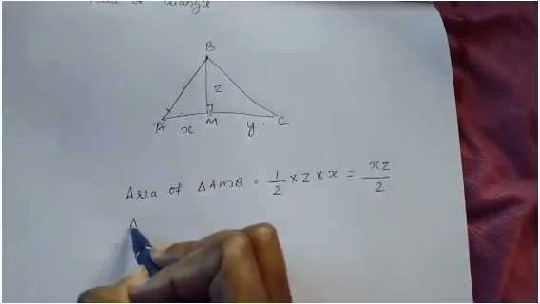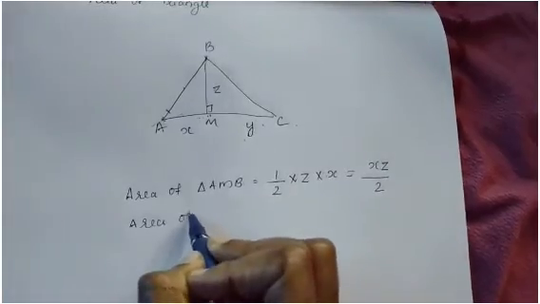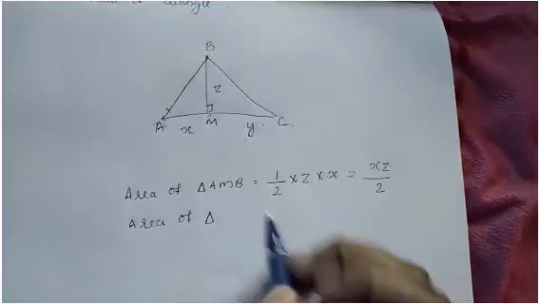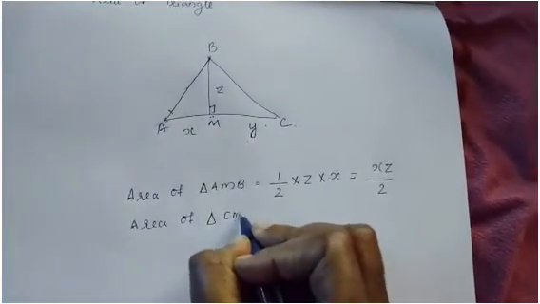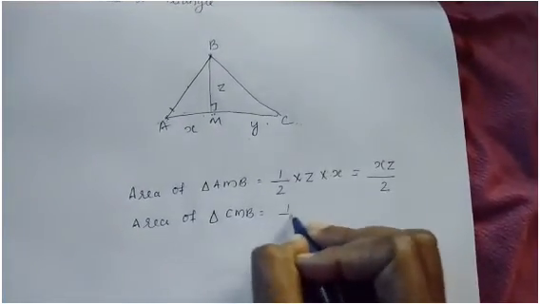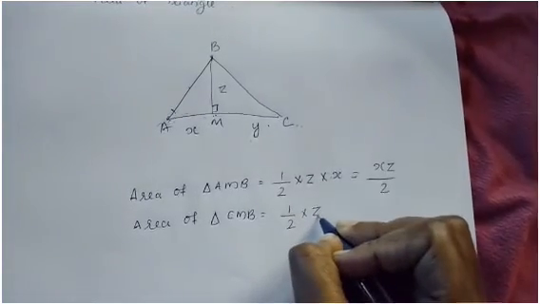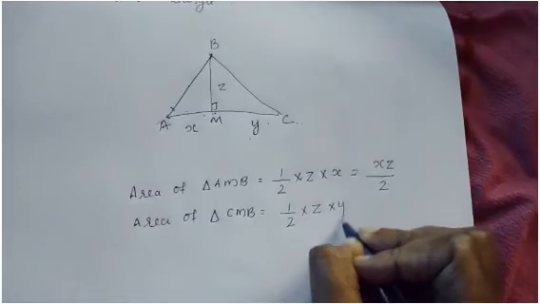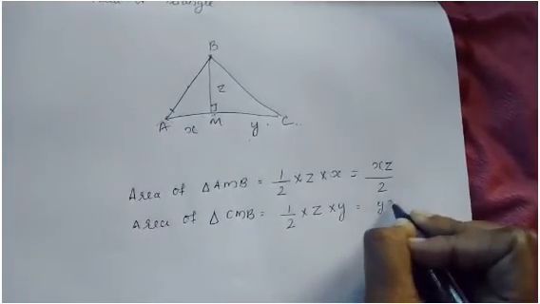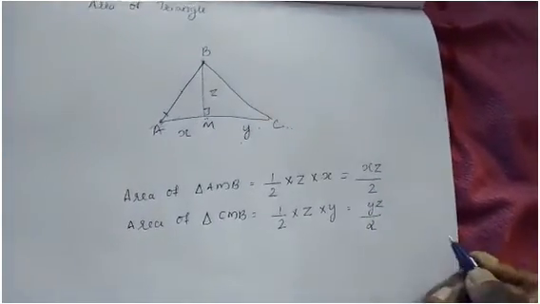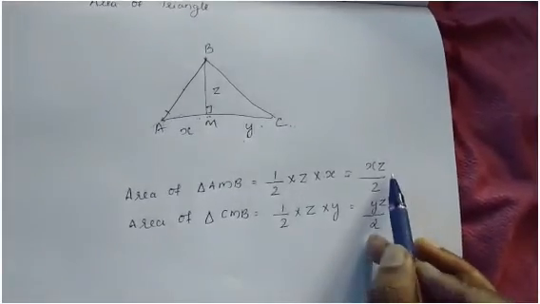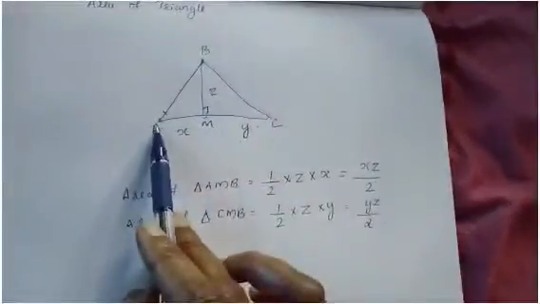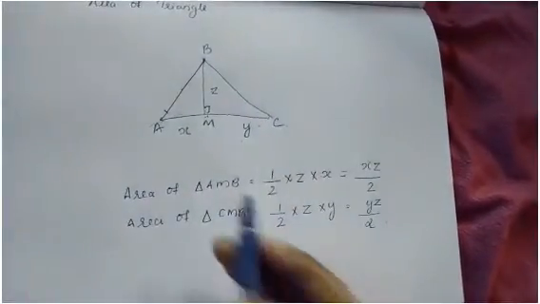In the same way we can find the area of triangle CMB. Here also half into the perpendicular distance, which is z, into the base length, which is y, that is yz or zy by 2. By adding these two areas, we get the final area of triangle ABC.